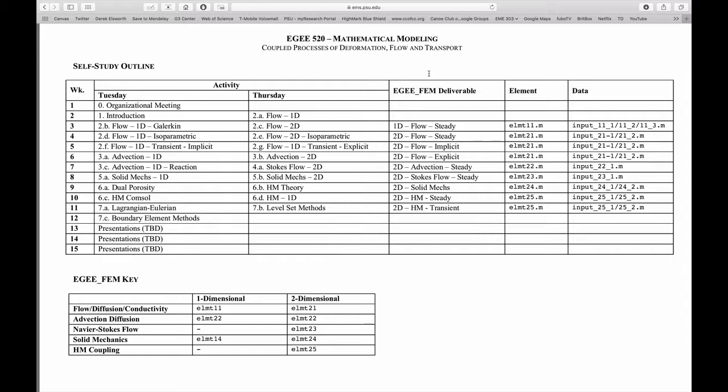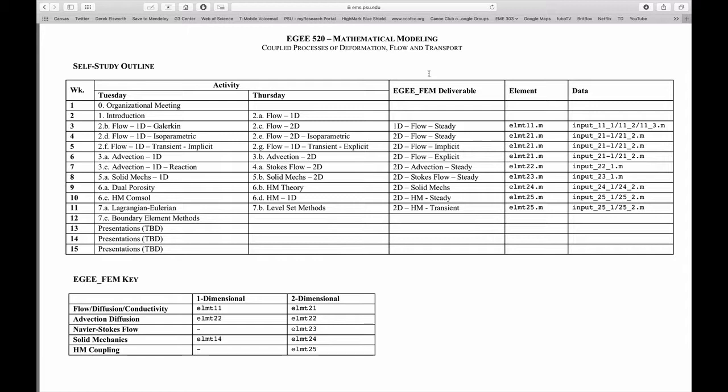And the second digit represents the kind of physical process that we're representing. So one represents flow, either fluid flow or heat flow or mass diffusion. They're all the same equation: Fick's law, Fourier's law, or Darcy's law.